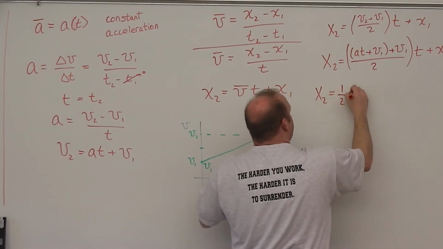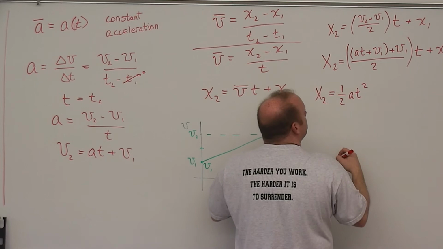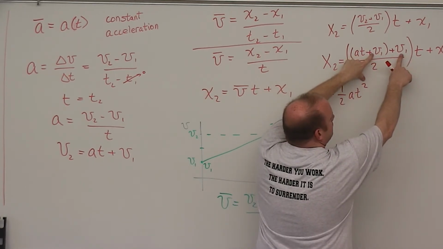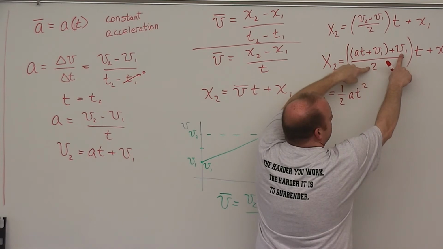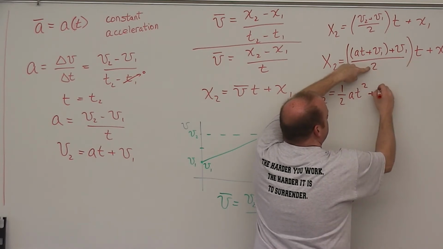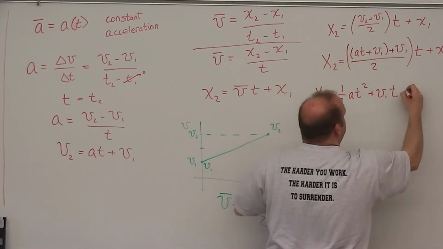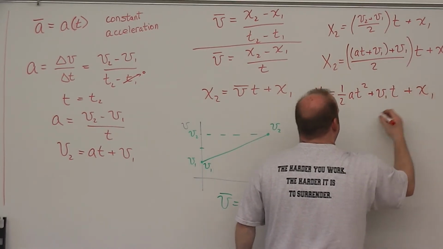That's 1/2 acceleration times time squared. V1 plus V1, that's 2V1. Divided by 2, that's V1. Multiplied by t. And then I have plus x1 over here.